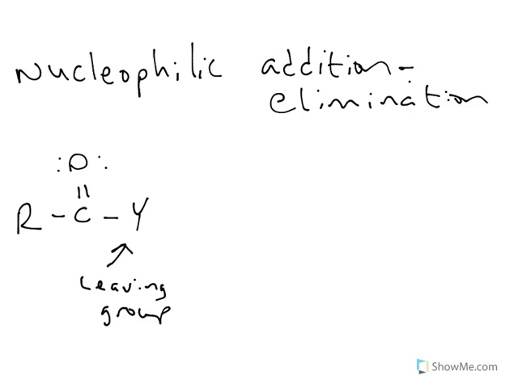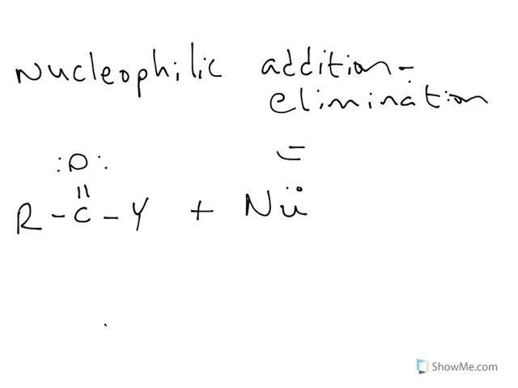Now, this doesn't really fit the nitrile because we don't have a carbonyl, but as I said, we're going to deal with that one later. So this is our leaving group, and I'm going to erase this now. When a nucleophile comes in, let's say the nucleophile is negatively charged.